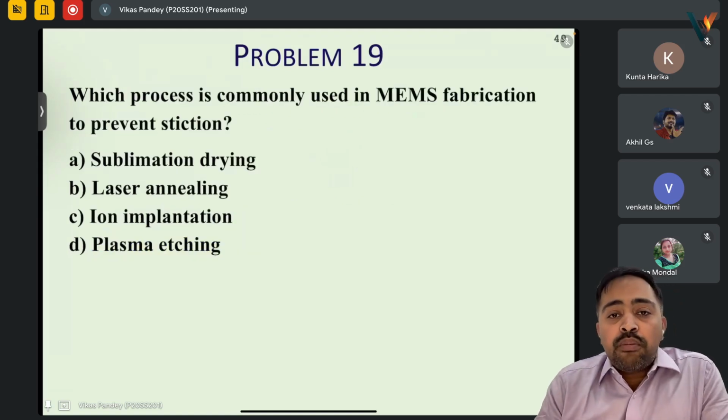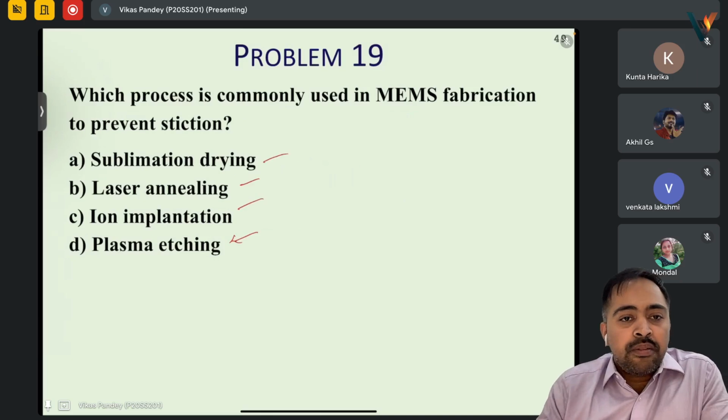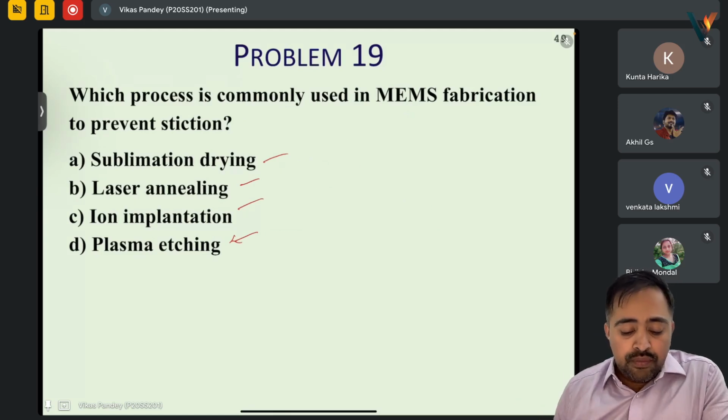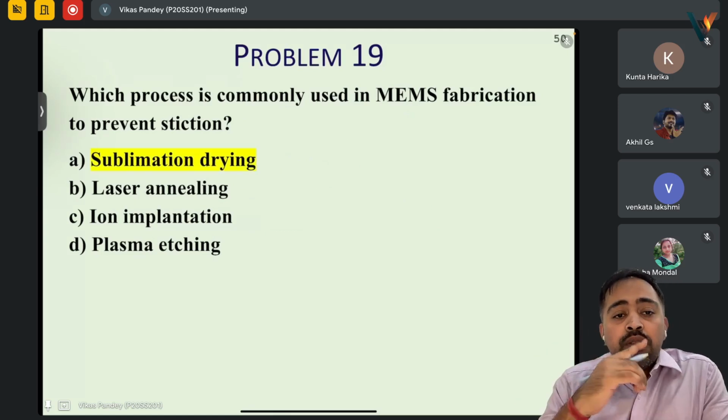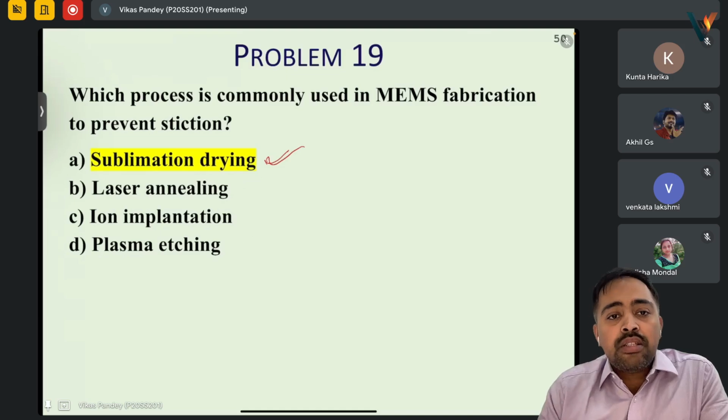Which process is commonly used in MEMS fabrication to prevent stiction? Sublimation drying, laser annealing, ion implanting, or plasma etching? Yes, anyone? When we are making MEMS, what is the thing that we are doing? Sublimation drying is one process that prevents stiction.